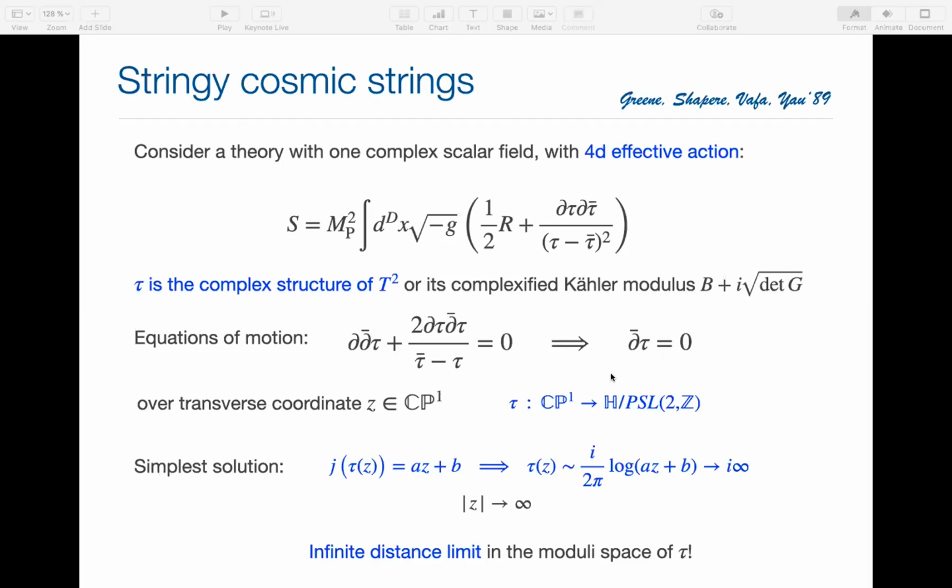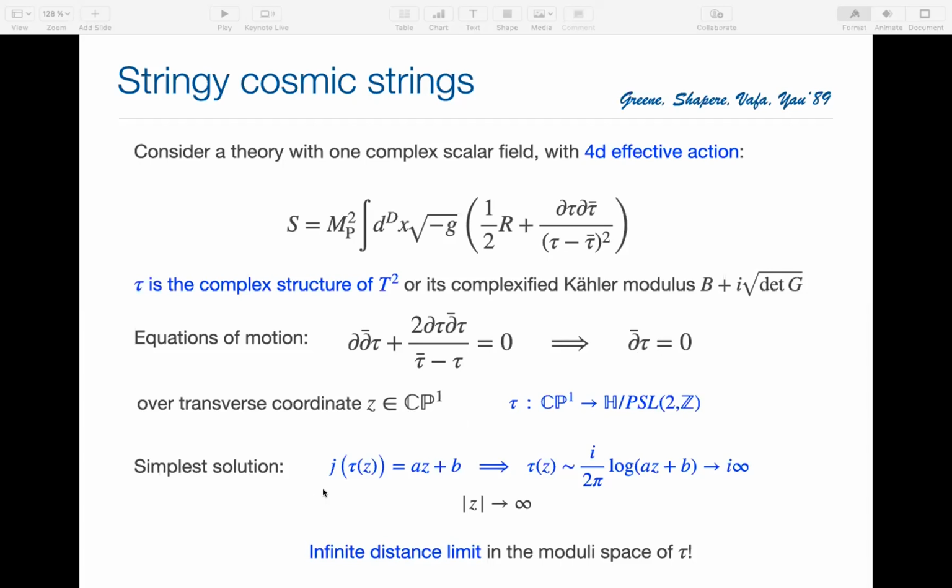To describe the solution, you take a transverse coordinate to this cosmic string and map it to the fundamental domain of this complex field, so to the moduli space. Well, the simplest solution is the j function. Many of you know about it.